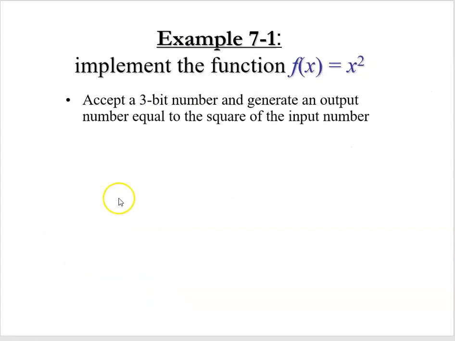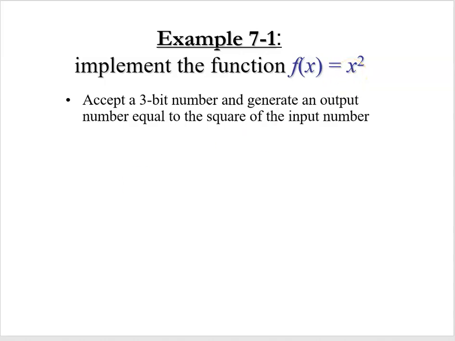So if we look at an example, if we wanted to implement the function f of x equal to x squared, we need to know how many bits x can be. So if x is a 3-bit number, we want to generate an output that's equal to the square of that input number.